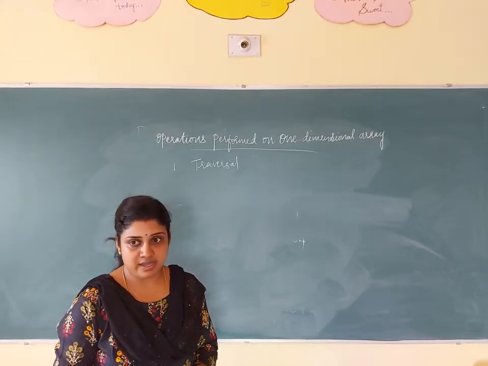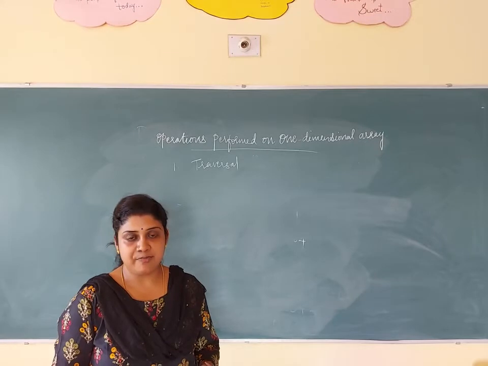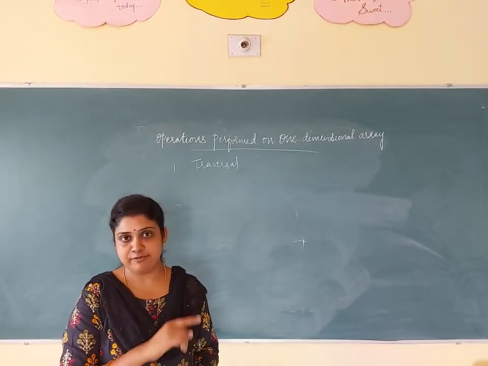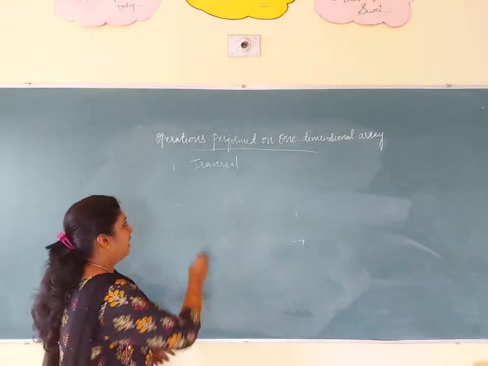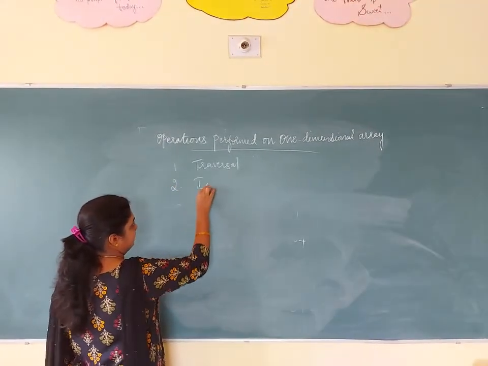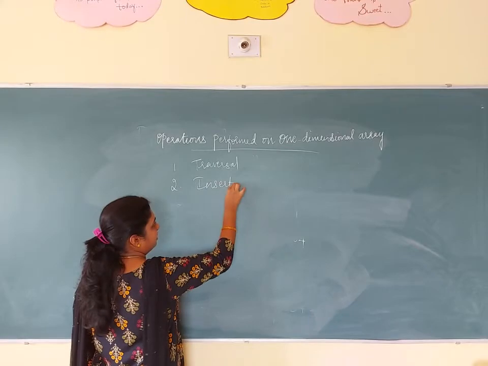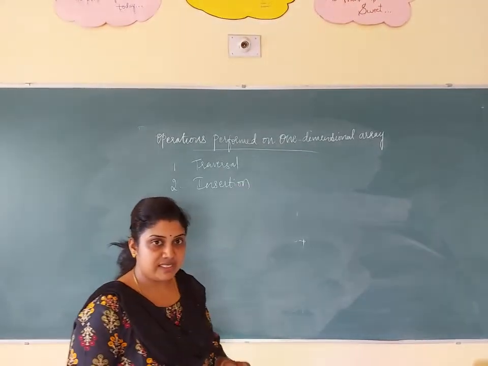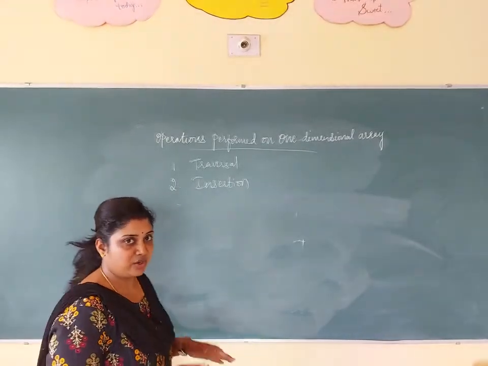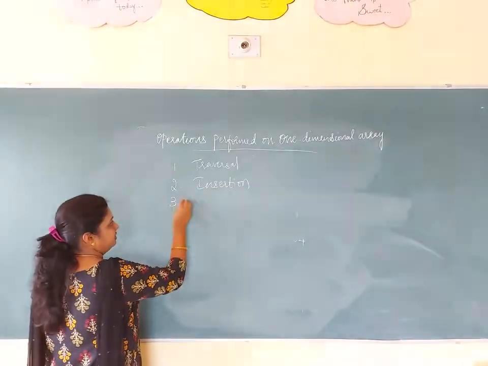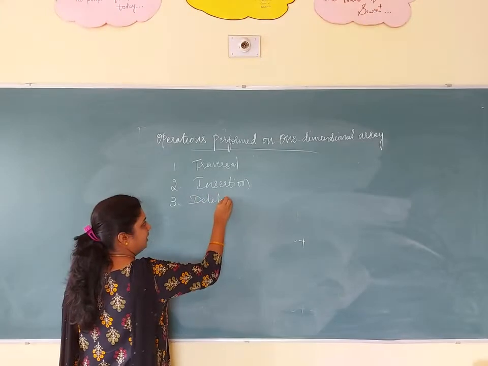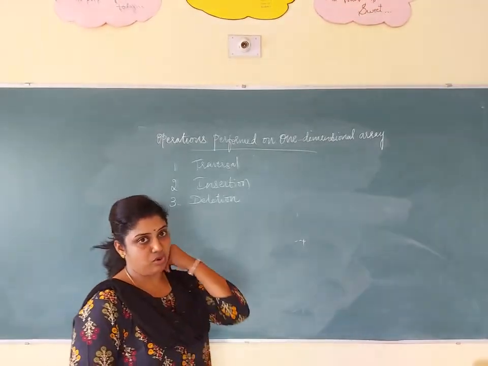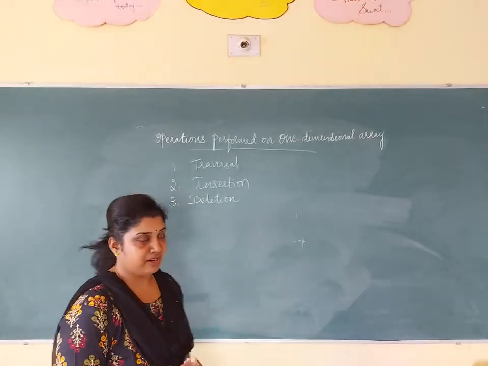Consider an array of size 5: you have to access all 5 elements exactly one time. We call this traversal. The second one is insertion, with the help of which you insert a data item into an array. The third one is deletion. As the name indicates, you remove or delete a data item from an array.